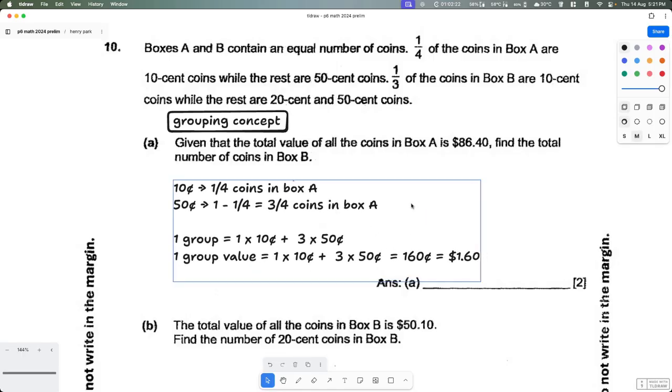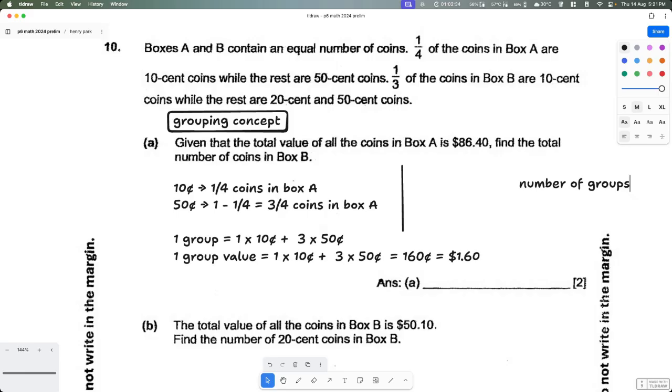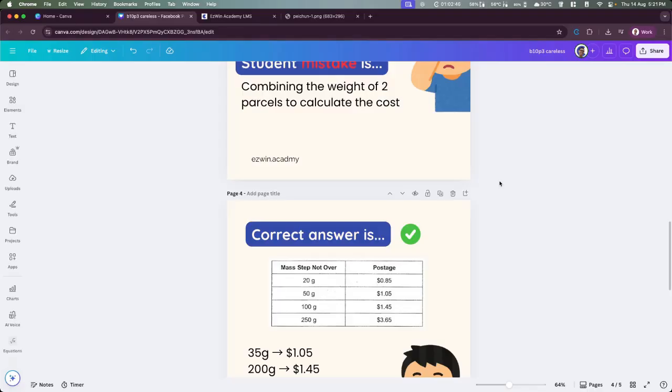Okay, that means number of groups is equal to 86.40 divided by 1.60.